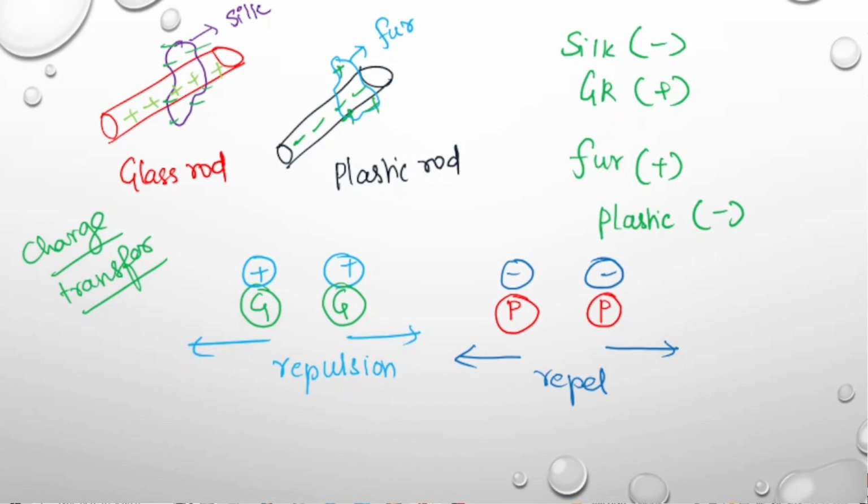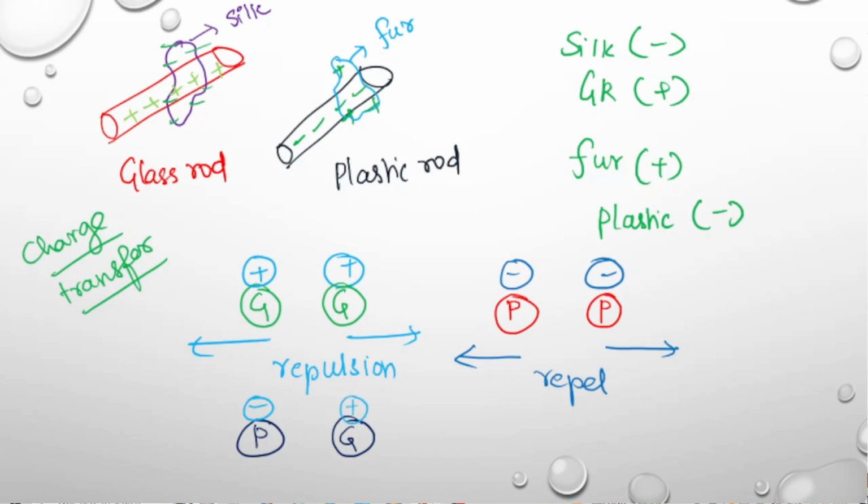Now, I'm going to take another condition. I'm going to bring the plastic rod and glass rod together. You can observe clearly that the plastic rod has the negative charge and the glass rod has the positive charge.